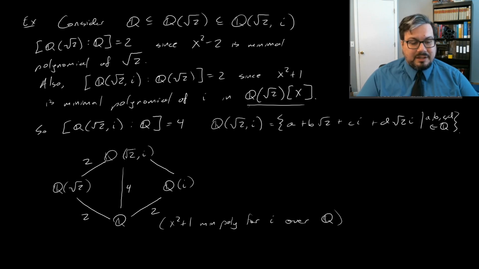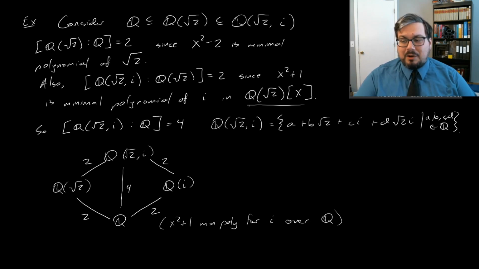So as we go along here, we should get the same result as when we go directly, or as we go through the other subfield Q(√2). So because of all of this, we have that this is 2, because 2 times 2 gives us 4.